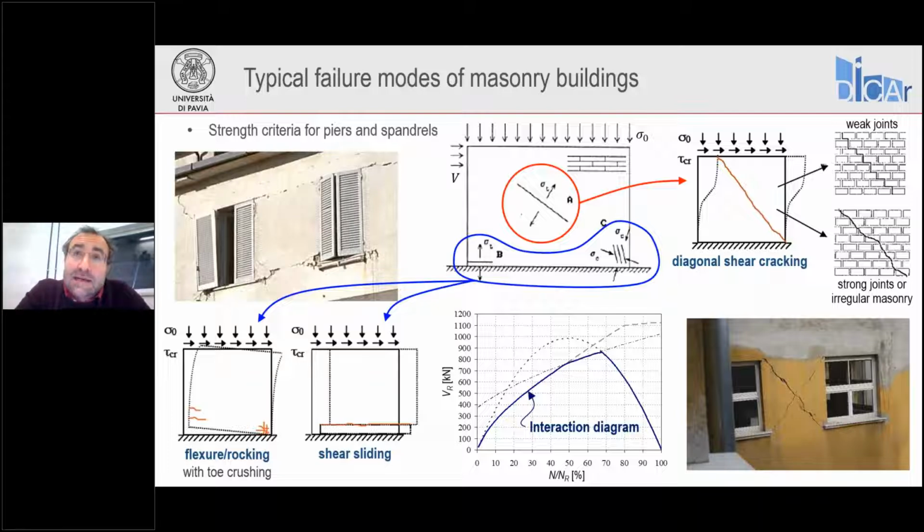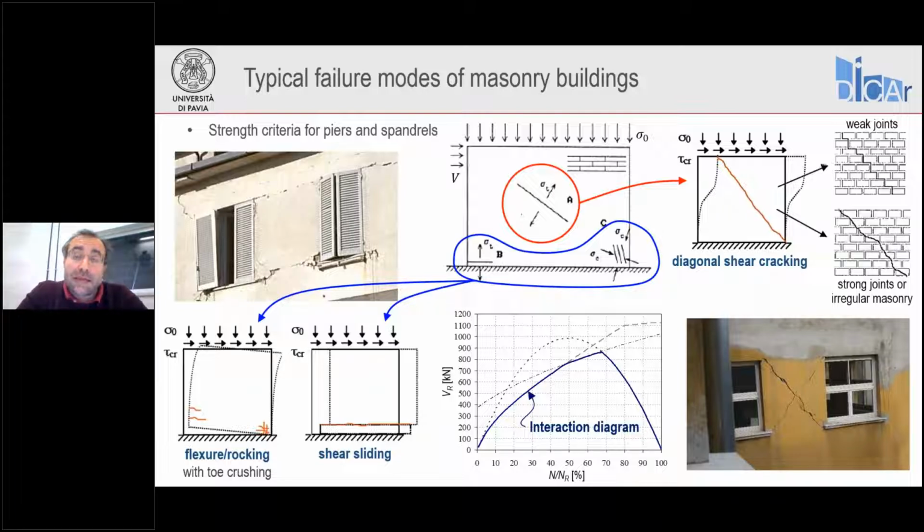We may have sliding over a flexural crack, typically at the base or at the top of a pier element, or we may develop diagonal shear cracks that may go through the bed joints, or they may also involve elements, especially if we talk about weak blocks or stone masonry.